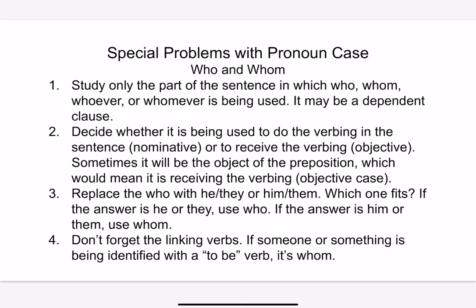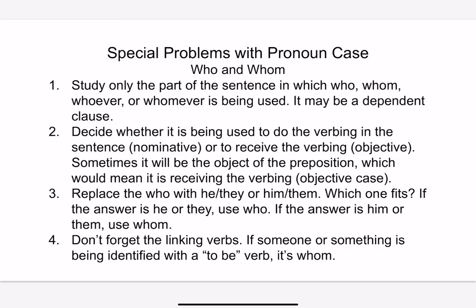Now, who and whom, that's probably the case that gets most people tripped up, and these are pretty difficult for me too. But what you need to try to do is remember that who is in the nominative case. It's just like he, and whom is in the objective case. It's just like him. All right, so what we try to do is figure out, for the part of the sentence we're looking at, which may just be a dependent clause, how is it being used?